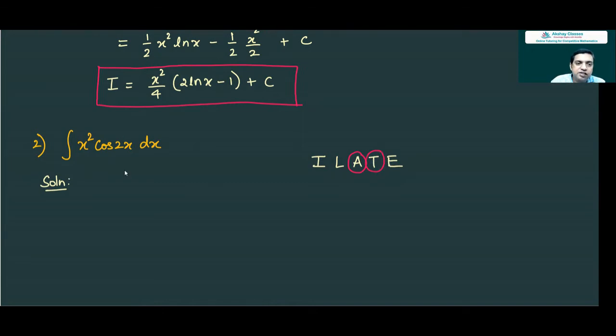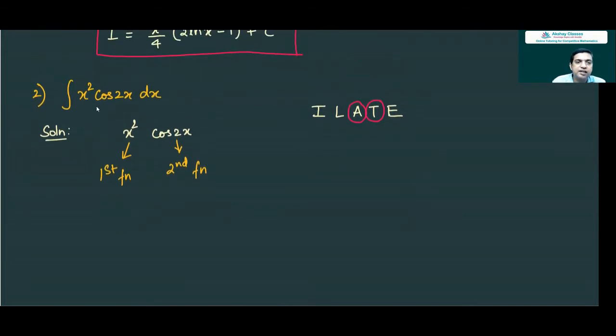So the algebraic has to be the first function. And this is trigonometric. So this is the second function. So now integrating by parts.